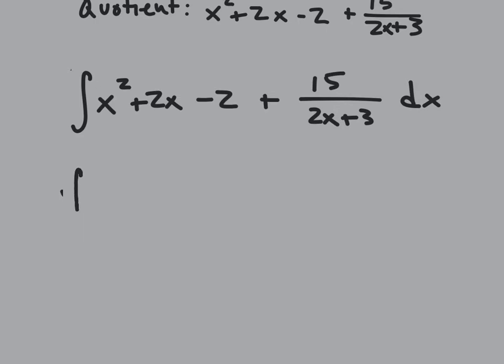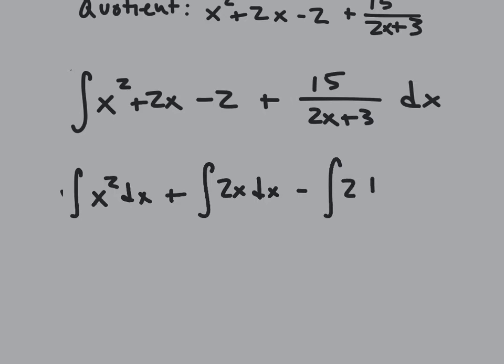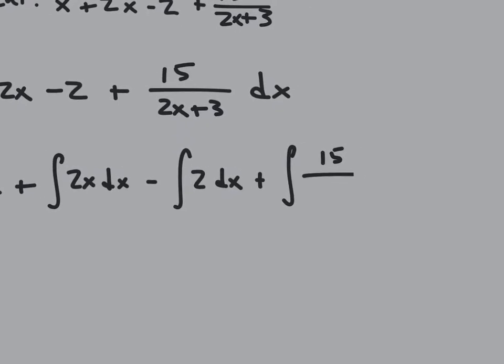So here, if I write it as the integral of x squared dx plus the integral of 2x dx minus the integral of 2 dx, and then plus the integral of 15 over 2x plus 3 dx.